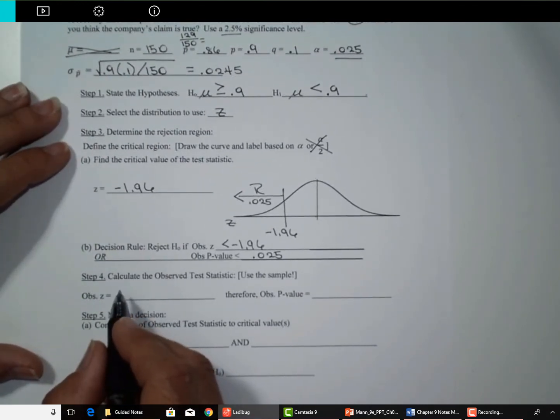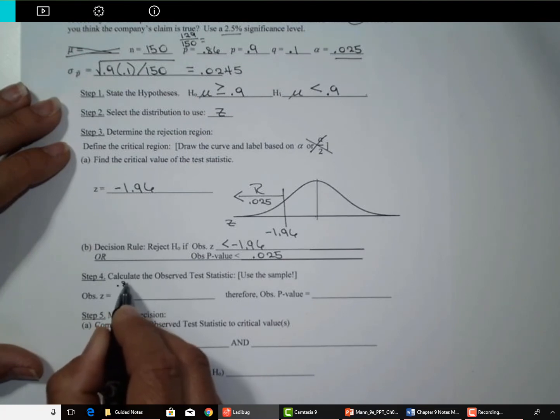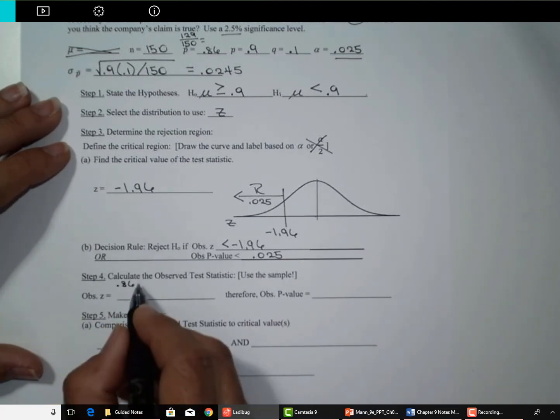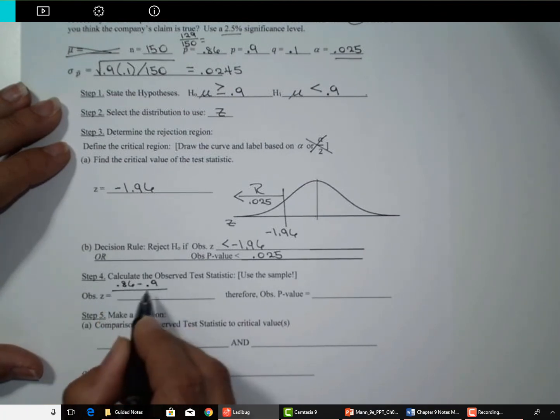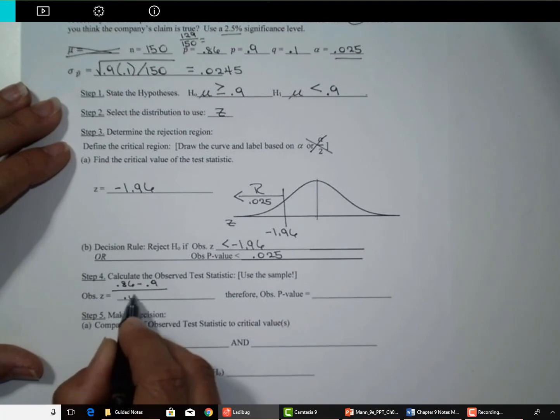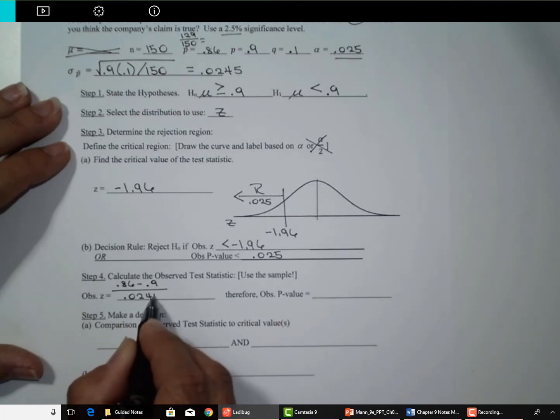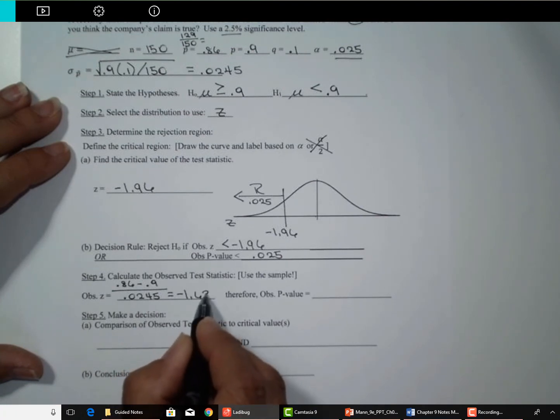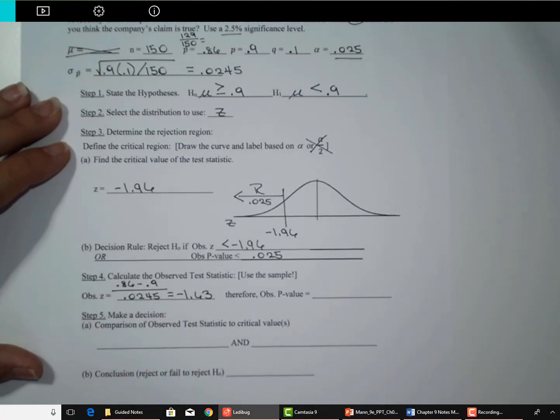So what's observed Z? Well, I observed a percentage that was shipped on time of 0.86. I think my percentage that is shipped on time should be 0.9. I'm going to divide it by the standard deviation that I calculated. And I come up with a negative 1.63 as my Z value.